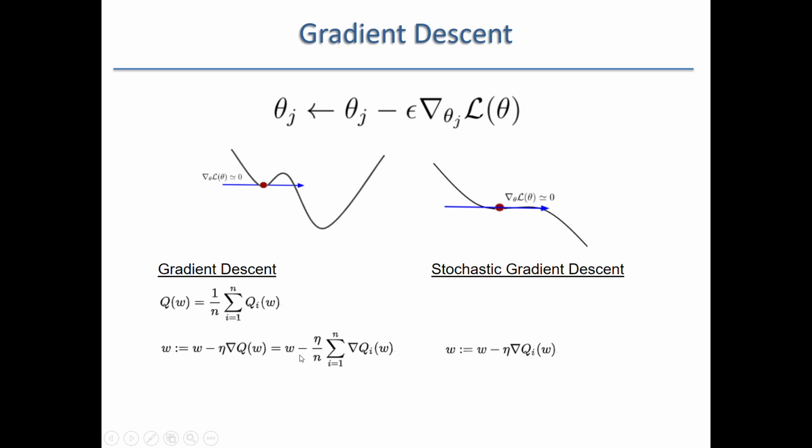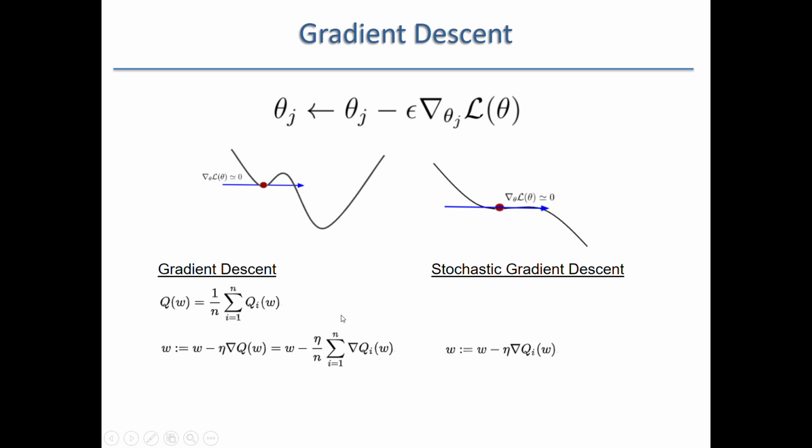So we are seeing the whole data set, and then we are going in the direction of the gradient, seeing all the values that we have in our data set. Here it is after one, and you can imagine that there are situations in between.